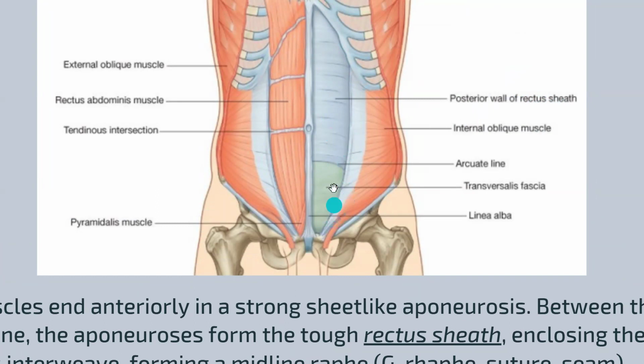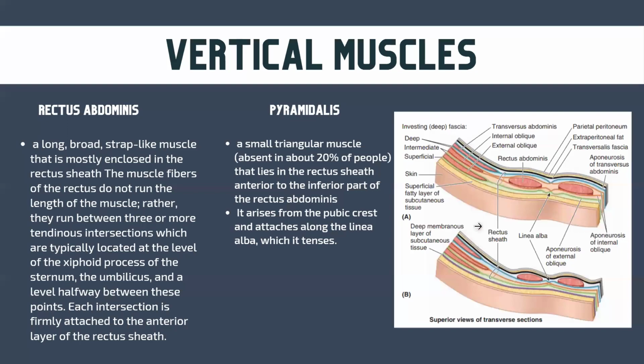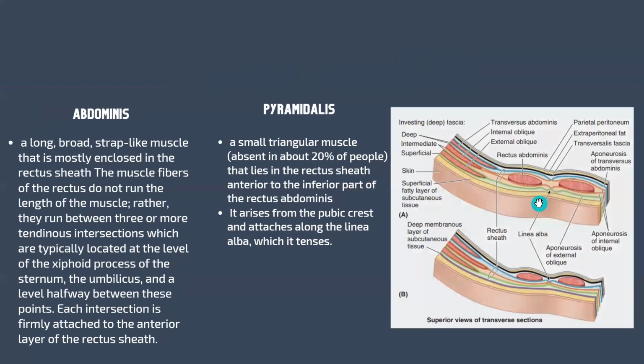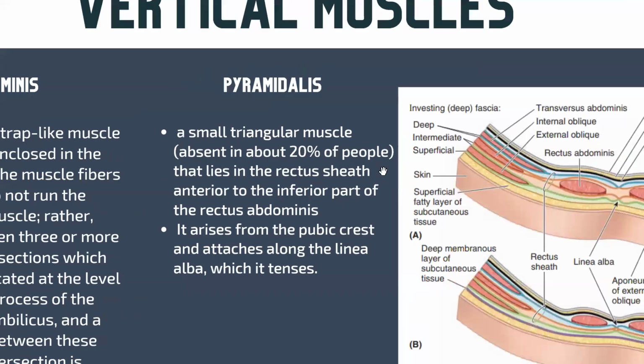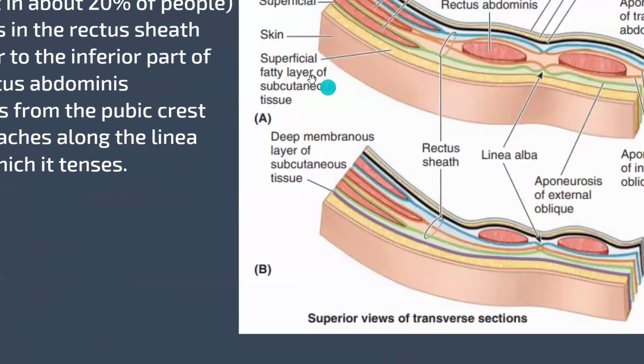While here, below the arcuate line, in the last quarter of the rectus abdominis, there is no such thing as the posterior rectus sheath. It's only transversalis fascia, okay? And let's go back to see it in this nice picture again. Let's enlarge this one. Yeah, okay.